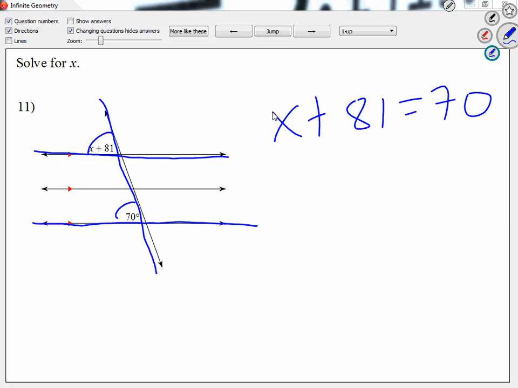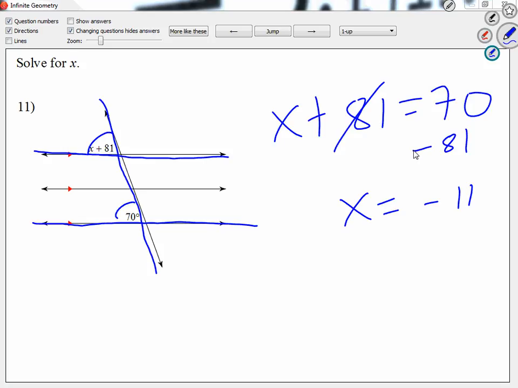So X plus 81 equals 70. What's X? Negative 11. Nice. So the plus 81, you brought over as a negative 81. 70 minus 81 is negative 11. So X equals negative 11. X can be negative, so we're good. Right? X's can be negative.